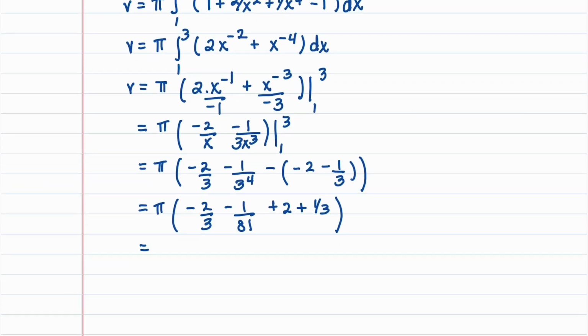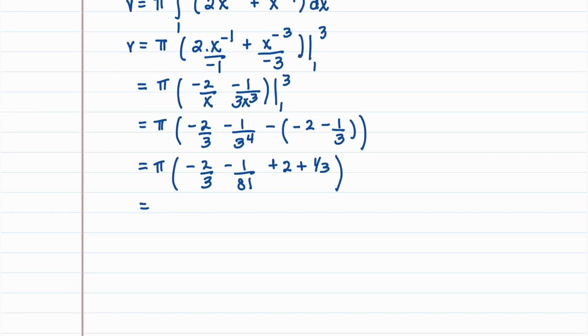Let's combine our 1/3 and our minus 2/3. This gives us a minus 1/3 minus 1 over 81 plus 2. It looks like we need to get a common denominator of 81. I know that sounds terrible, but it won't be as bad as it looks. 3 goes into 81 27 times, so we have a minus 27.